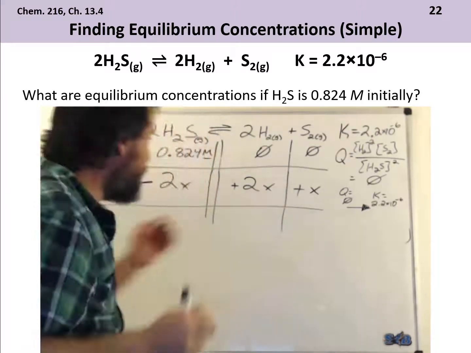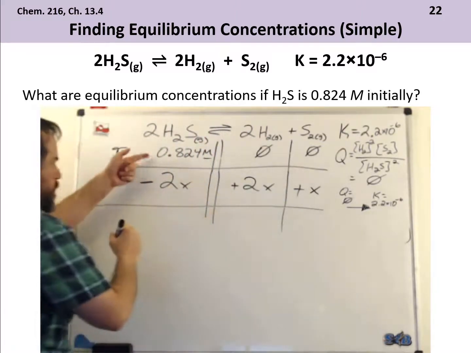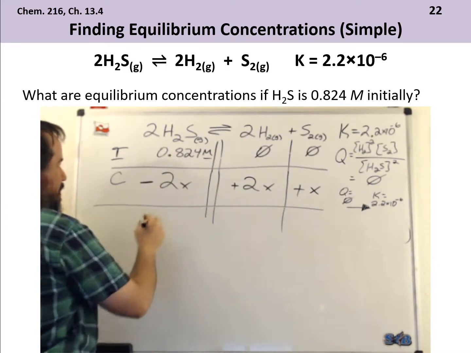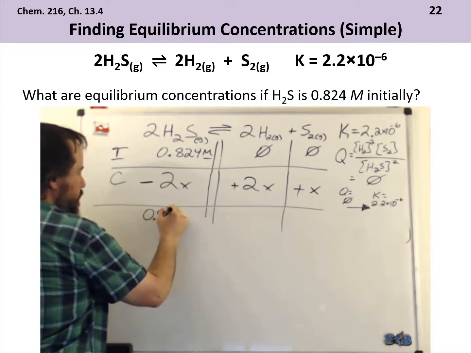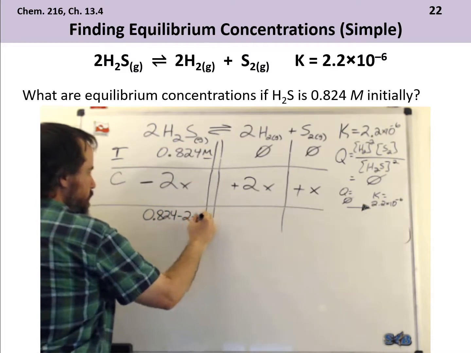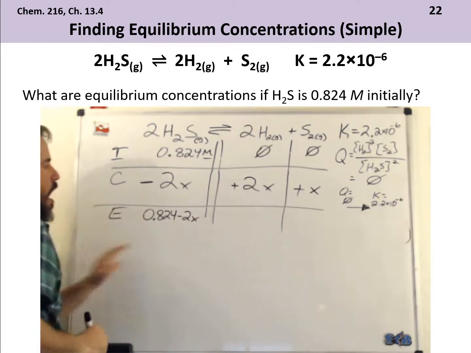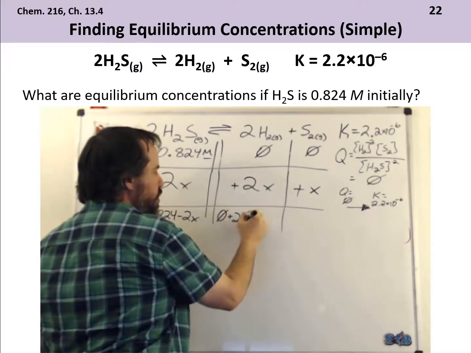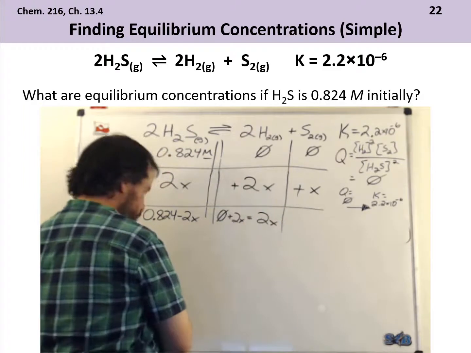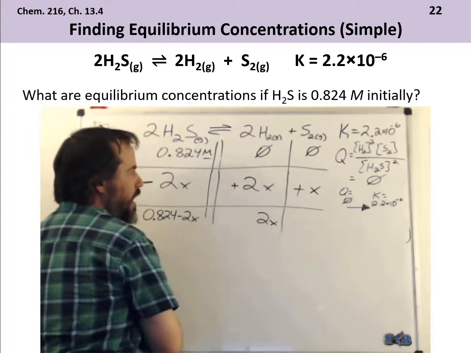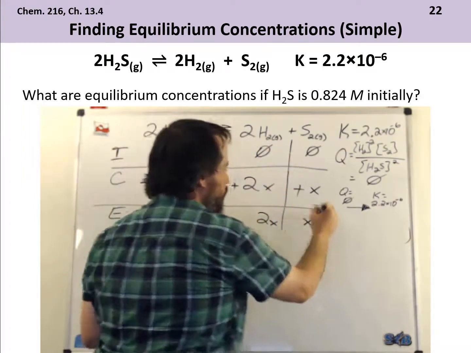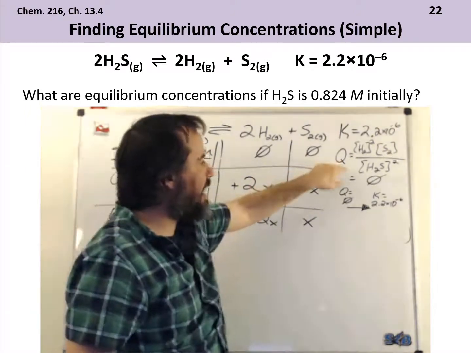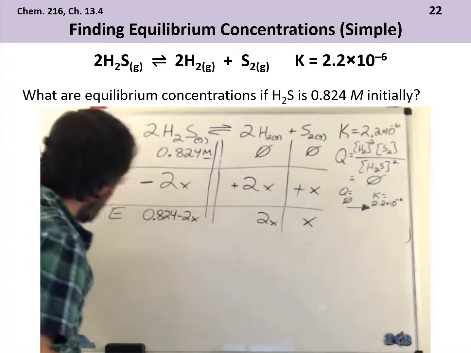So at equilibrium, I'm going to have 0.824 minus 2x, I'm going to have 0 plus 2x, or just 2x. And I'm going to have 0 plus x here, or just x.